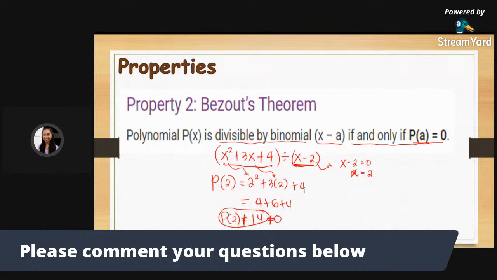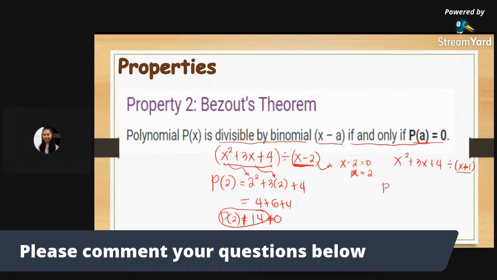And so if we try x plus 1, for example, x squared plus 3x plus 4 divided by x plus 1, let's check if it is divisible by this binomial.